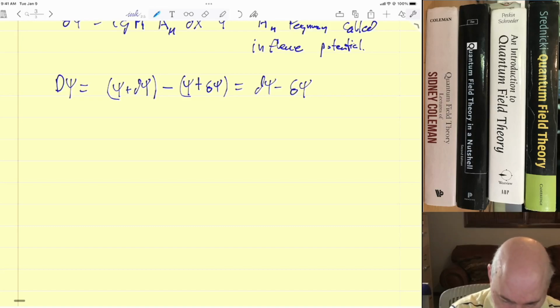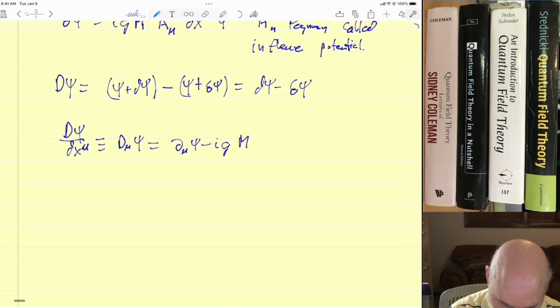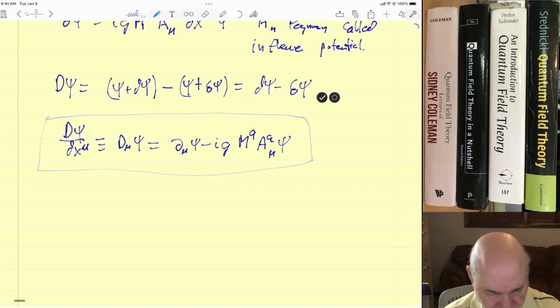So we have our expression is D psi over dx mu, which is defined to be D mu psi. Covariant derivative is the partial of mu psi minus i g M^A A^A_mu psi. Very important equation. Call that a box.